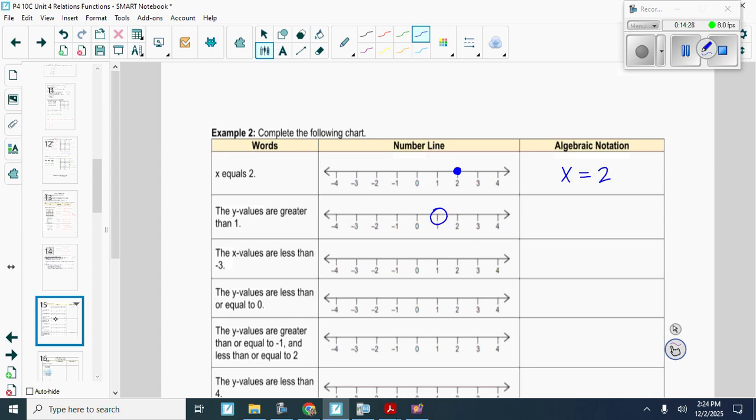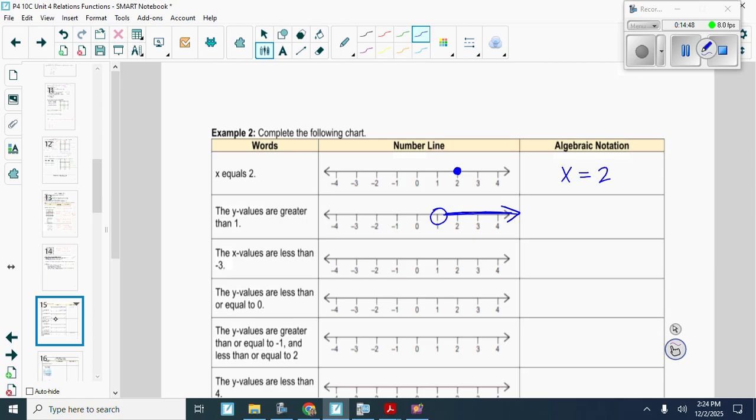That's where we're starting, but we're not including 1, so we do an open circle. All the values have to be greater than 1. Am I going to draw an arrow to the left or to the right? Greater than 1 is in this direction. That's what it looks like on a number line.